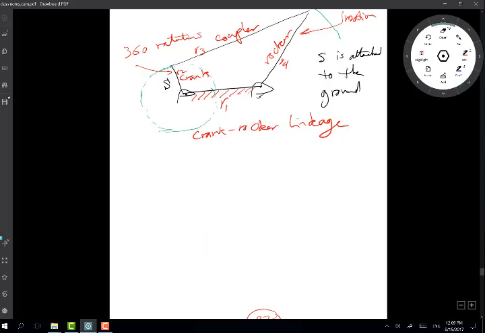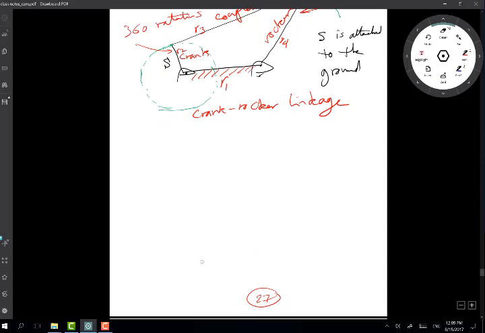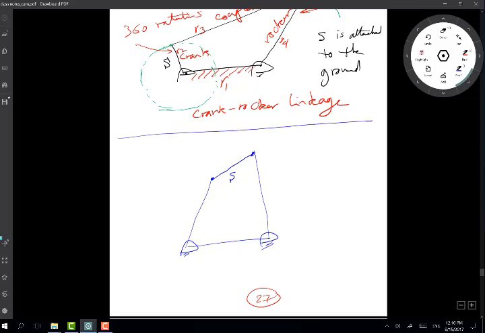So okay, this is R1, R2, and R4 on the other end, and this here will be S. So that's S. The shortest link is here. So this is inversion number 2.